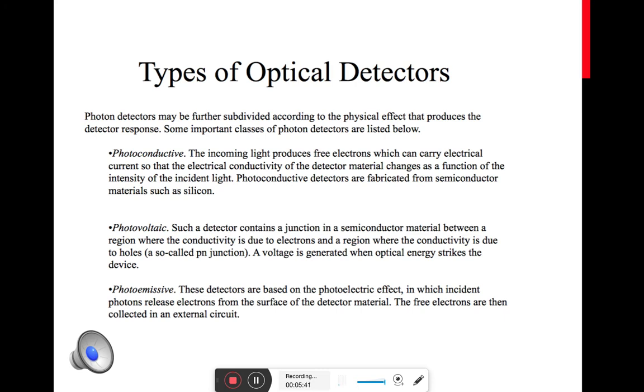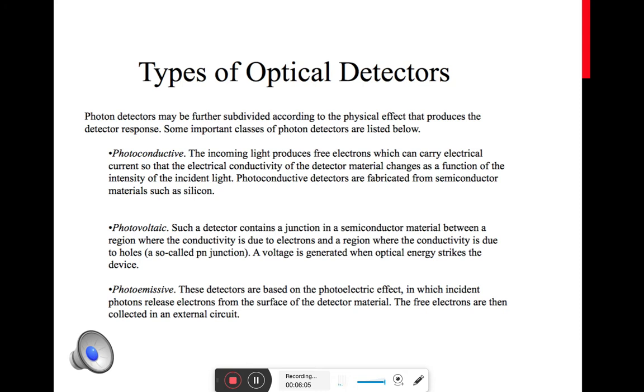That is, as the intensity of the light increases, more electrons, which have the capability to carry electrical current, are produced.